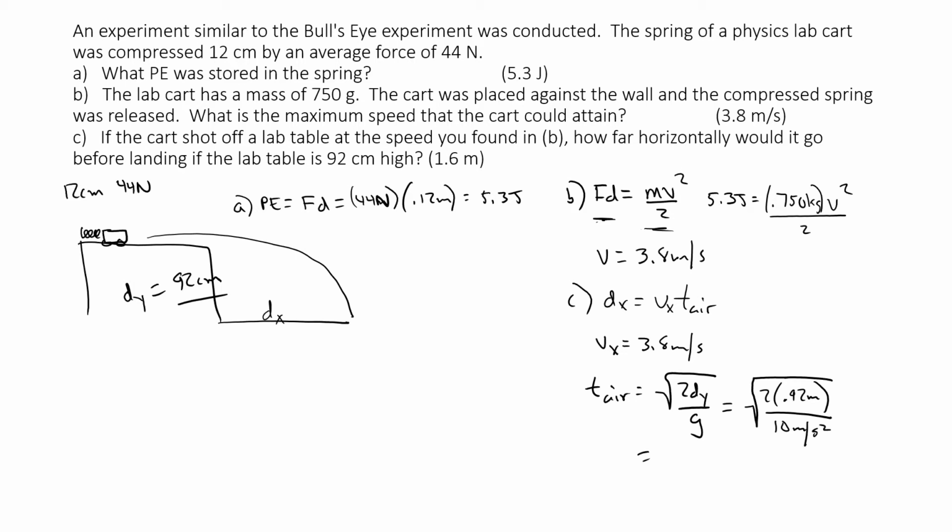So that time to fall is 0.43 seconds. So 3.8 meters per second times 0.43 seconds means it's going to travel 1.6 meters away from the table.